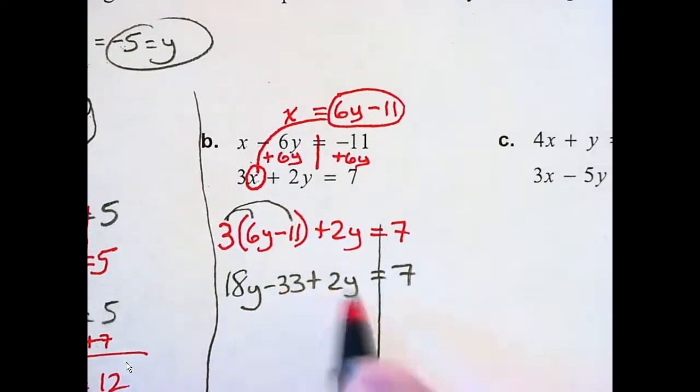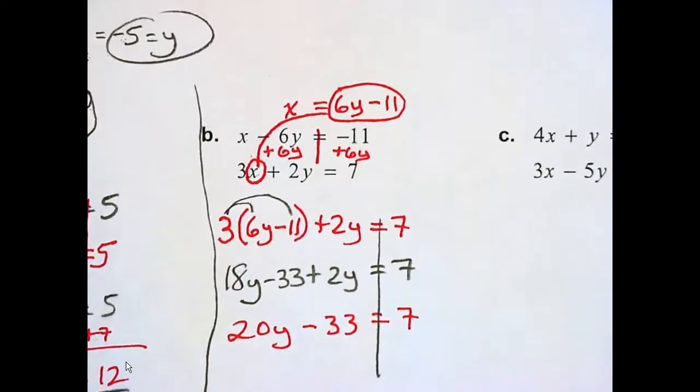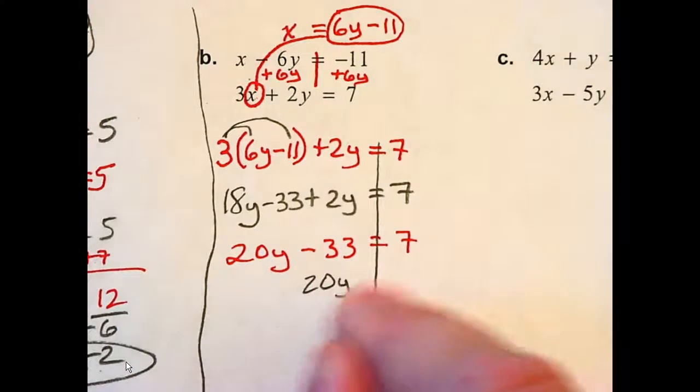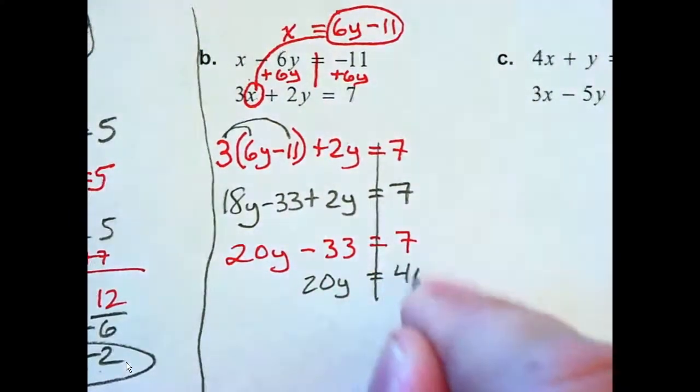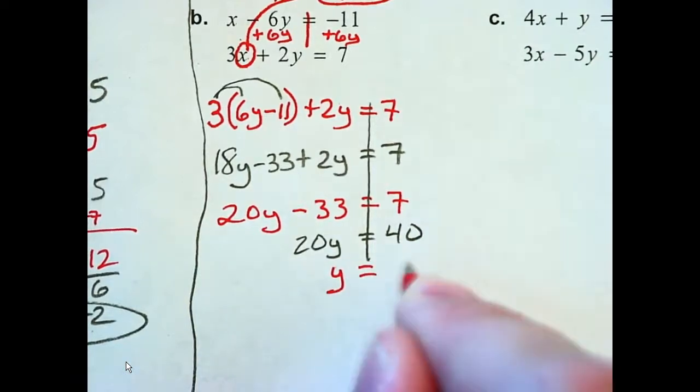How many y's? 20 y's. What's the next step? Add 33. 20y equals 40. And now divide by 20, y equals 2.